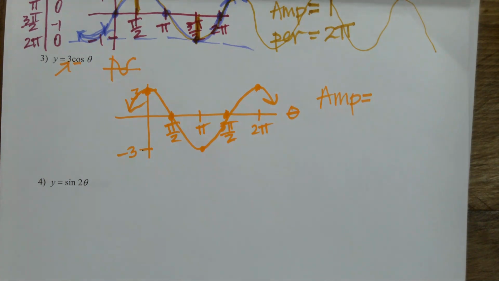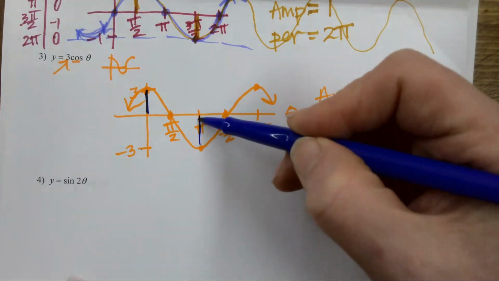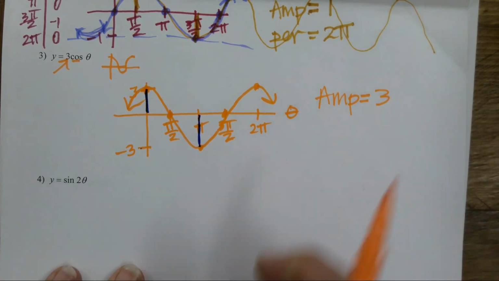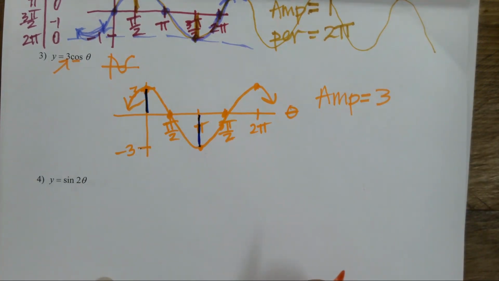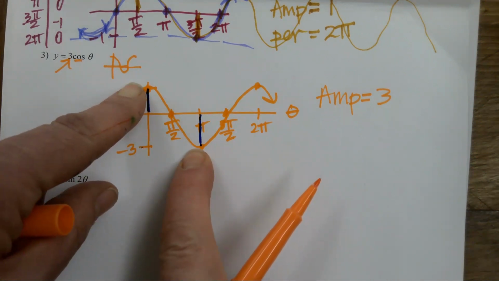Now if I measure the distance from the center to the high point, or the distance from the center to the low point, it is 3 units from the center. 6 units total height, right? But that's not what I'm doing for amplitude.